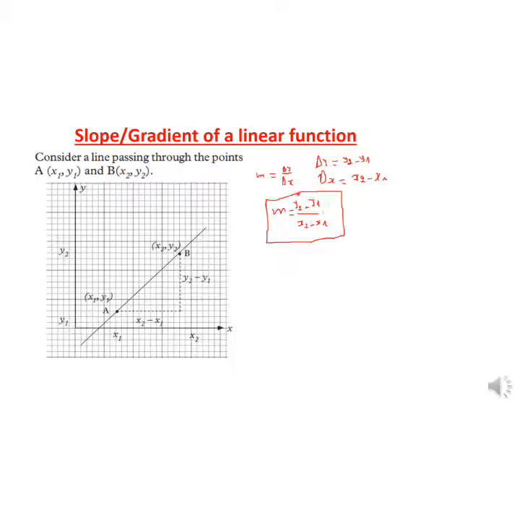Here y2 minus y1 is the change of y coordinates, and x2 minus x1 is the change of x coordinates. This is the formula used for calculating slope or gradients of a linear function.